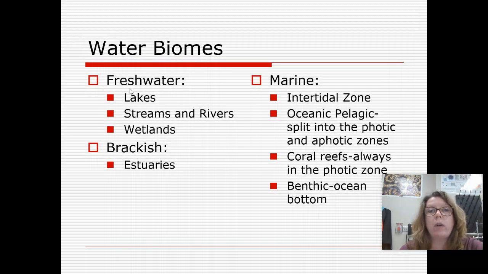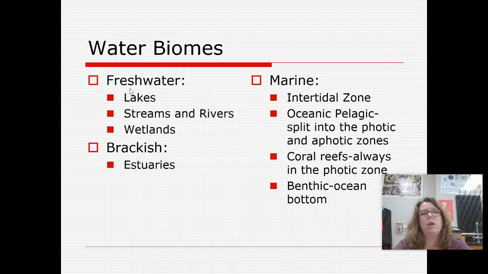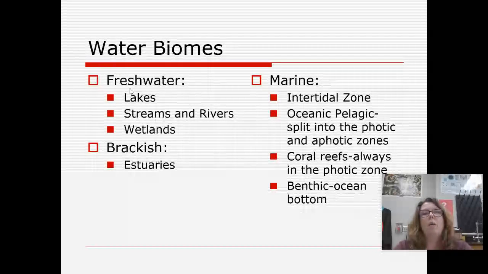And then, of course, you have the marine biomes, and those are the ones that are in the ocean. When you're looking there, in the ocean, you're looking at distance from shore and also depth. So the intertidal zone is the zone between the high and low tide, where certain animals can live. And then the oceanic zone, out in the open ocean, you have the pelagic zone that's over the open ocean.